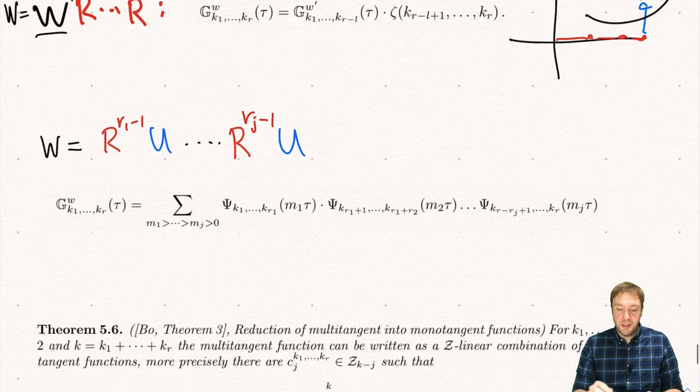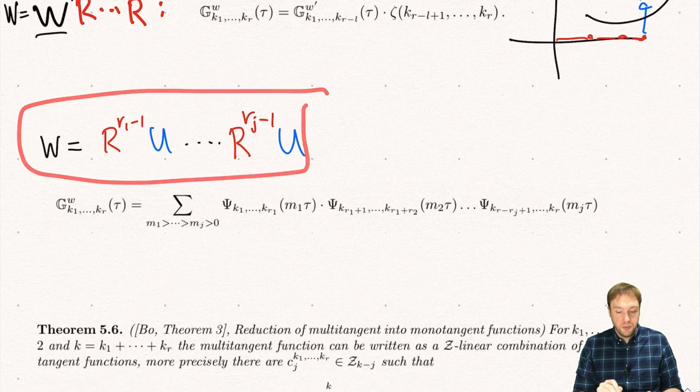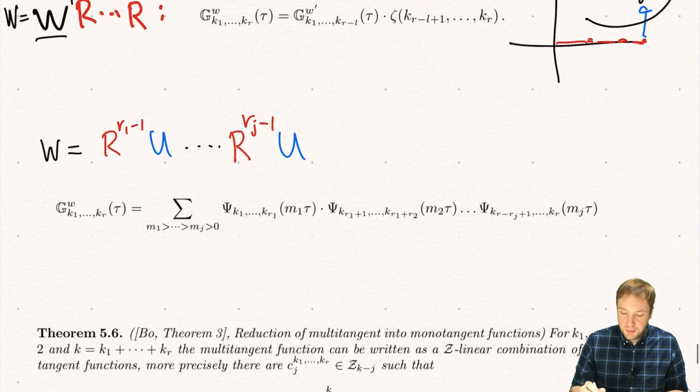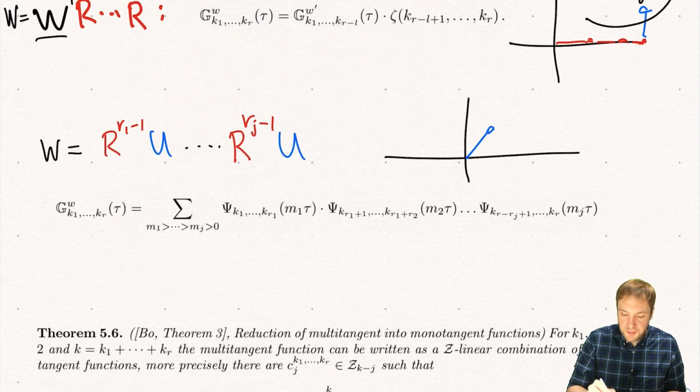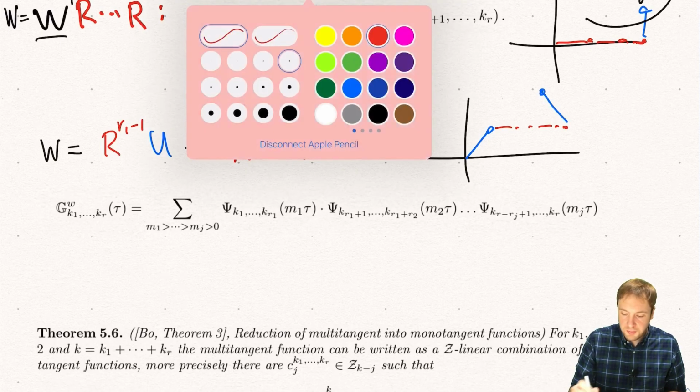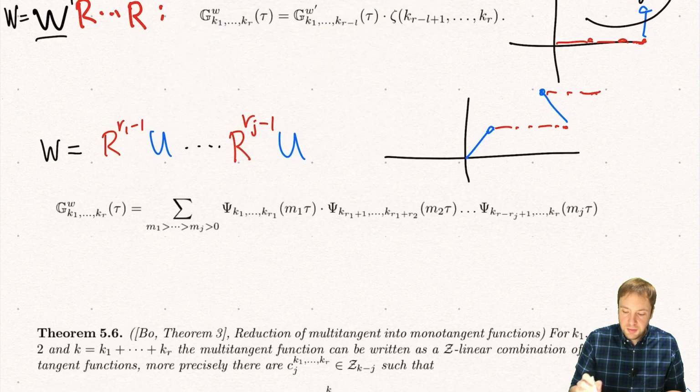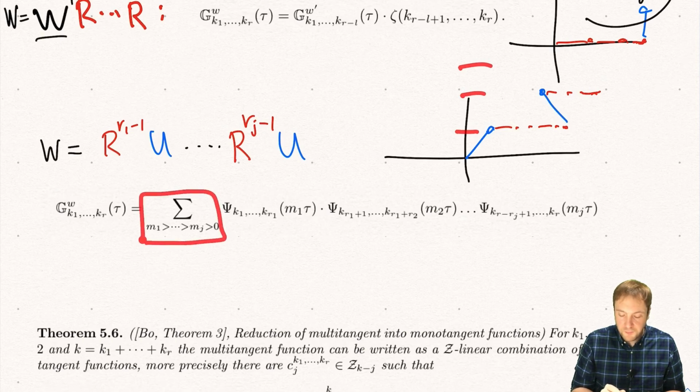And in general, if I have a word ending in u, this means I have some u, and then maybe some r's. Then at some point I again have some u, some r, and so on. For each of these u, I can take an m, so I get an ordered sum of m's.